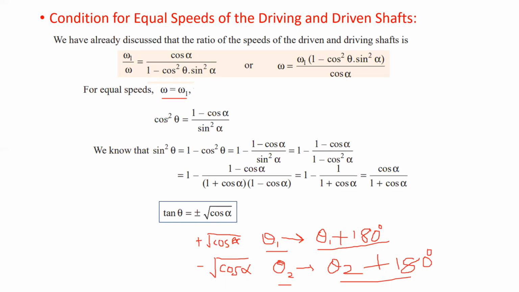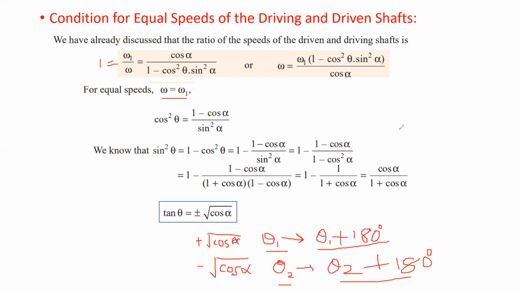How we reach this condition, I explain to you: we equated this ratio as 1, then we separated cos square theta, then from the value of cos square theta we found sin square theta. Then you take the ratio sin square theta upon cos square theta, which will be tan square theta.